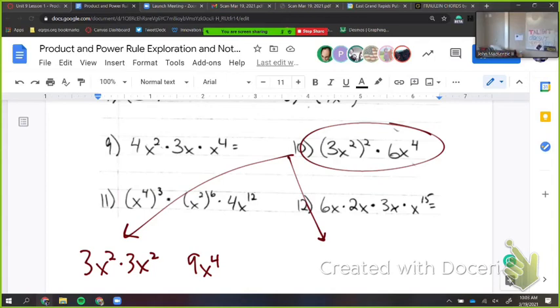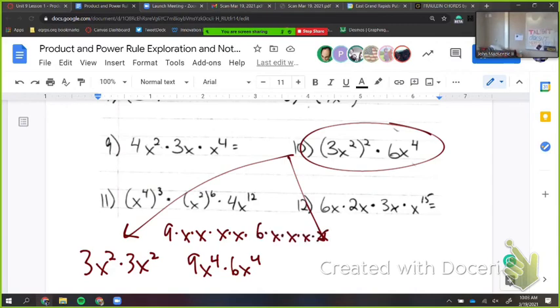Then I still have a times 6x to the fourth. Okay? So I got 9x to the fourth times 6x to the fourth. Be mindful that these aren't just two things. This whole thing, if I were to expand it out, would be 9 times x times x times x times x times 6 times x times x times x times x.